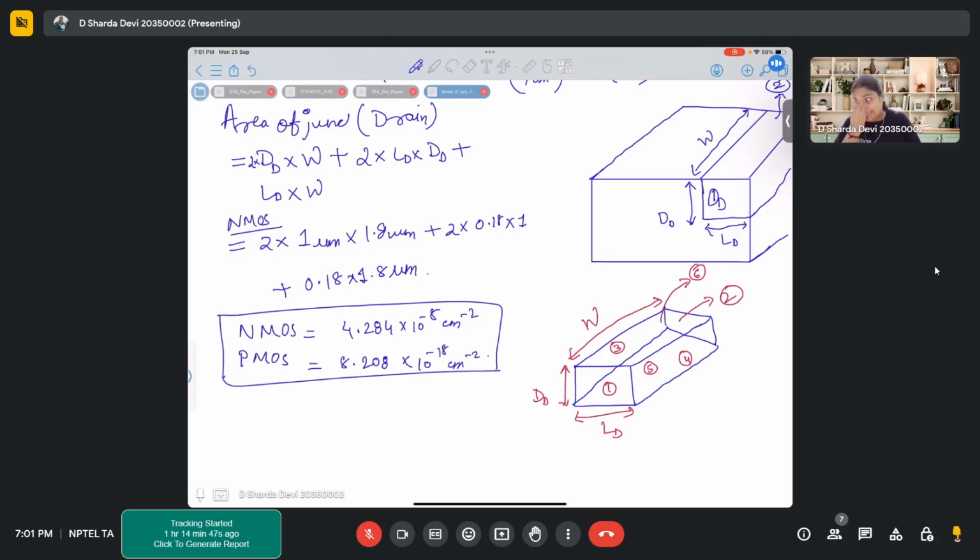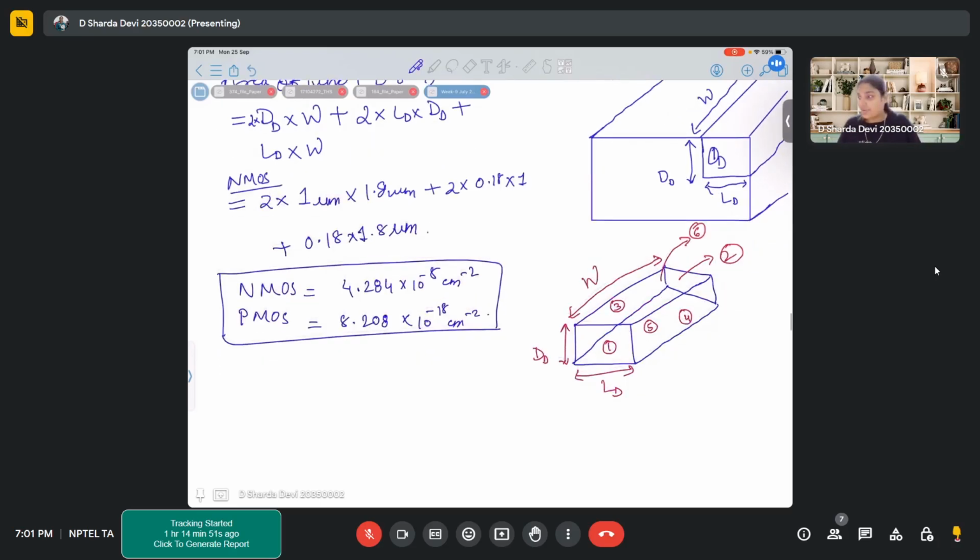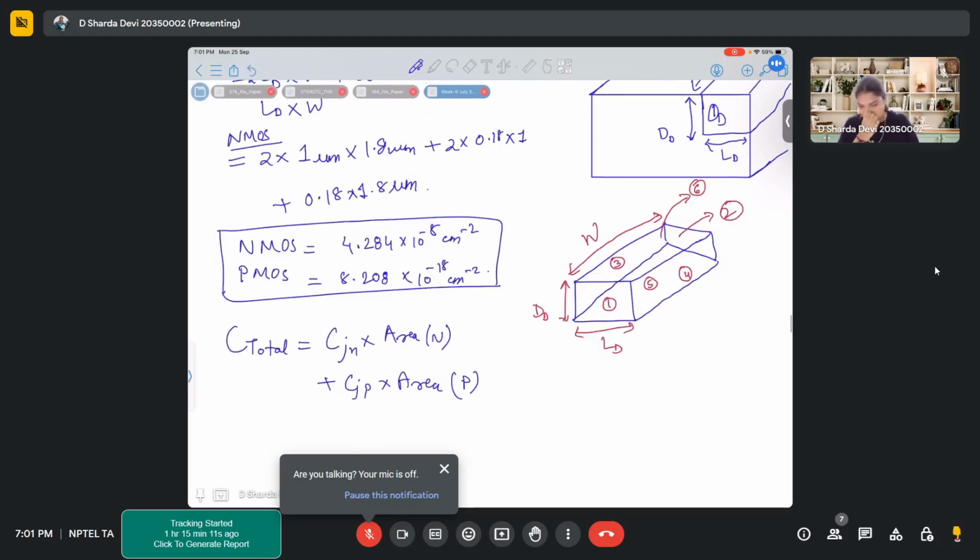Now we know the areas, we know capacitance per unit area. So if we want to write the total capacitance, how would we write it? It will be C junction, CJN into area of NMOS plus CJP into area of PMOS.